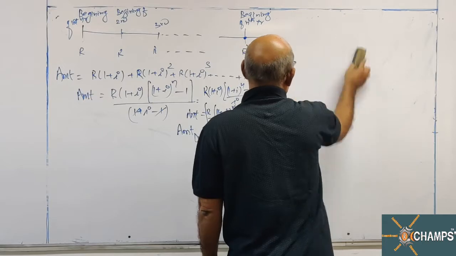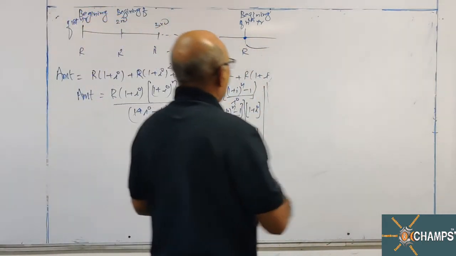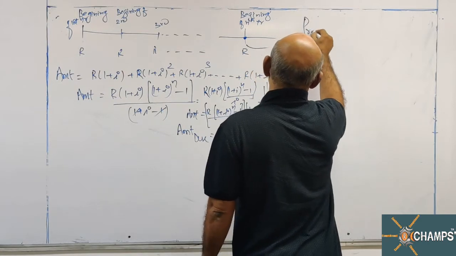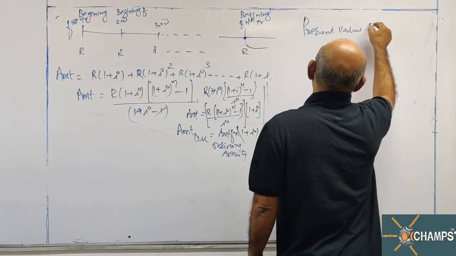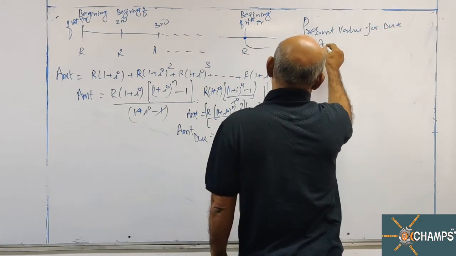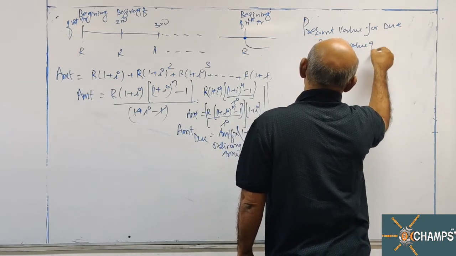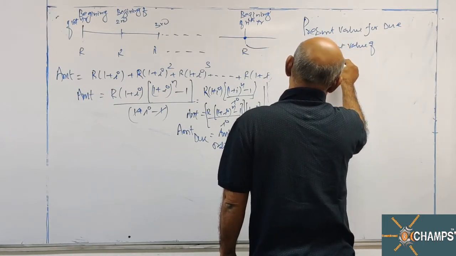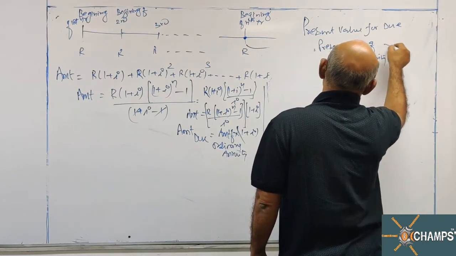Similarly, I can write the formula for present value also. So present value for due is equal to present value of ordinary annuity into 1 plus i.